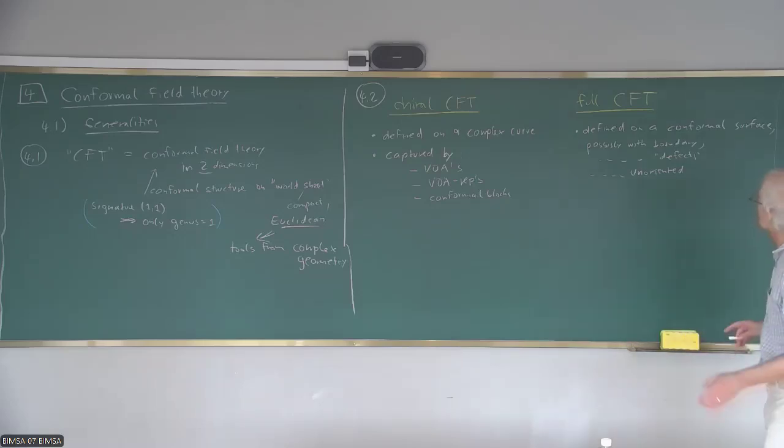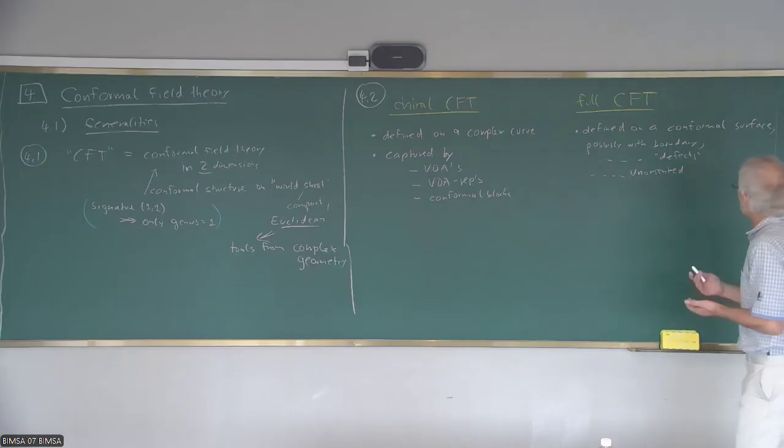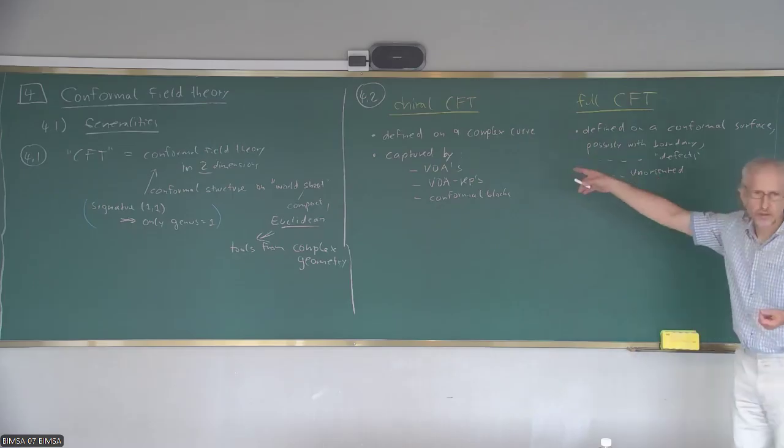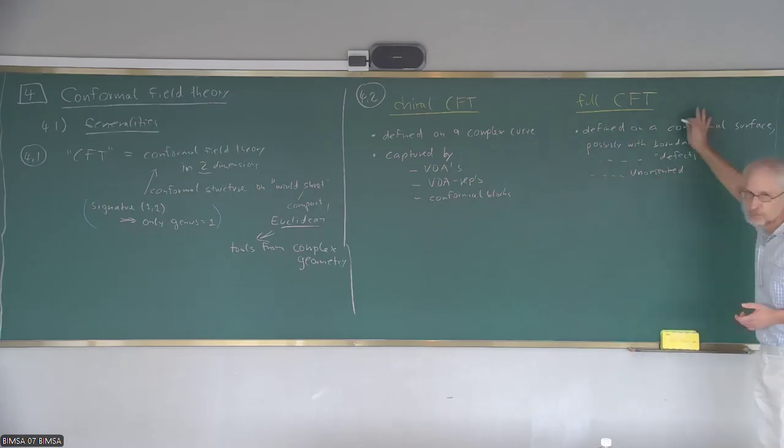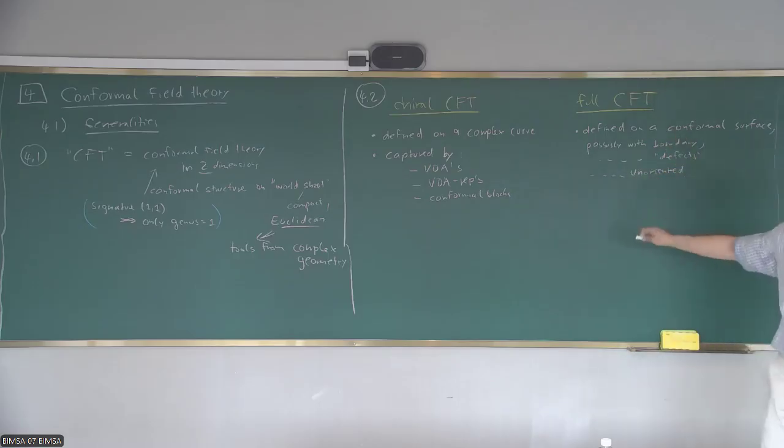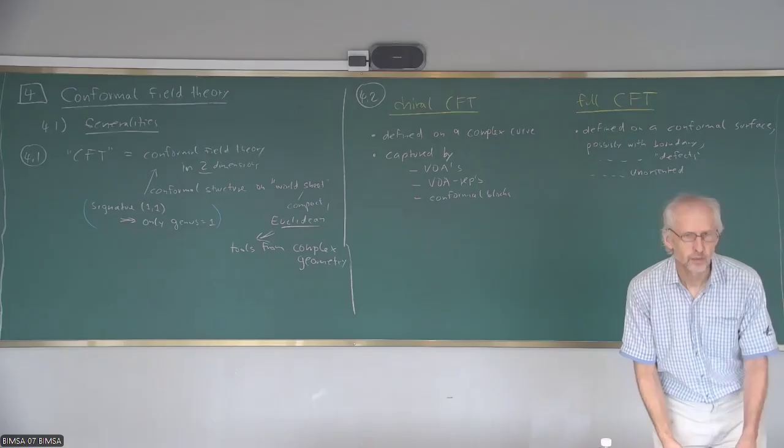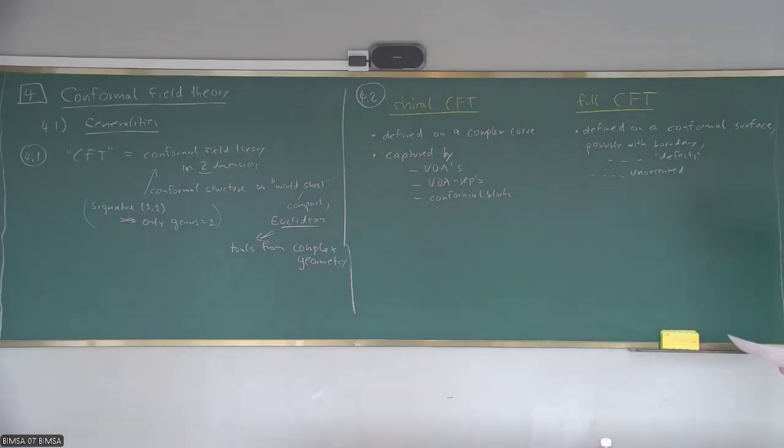I should mention also that in papers, in particular by Jürgen Fuchs and collaborators, they look also at chiral conformal field theories where you have boundaries, or maybe not, but in any case, defects. But I cannot say anything about that in this lecture.